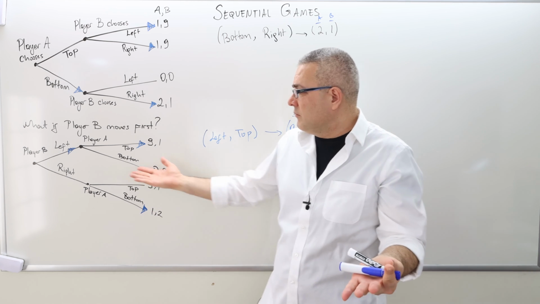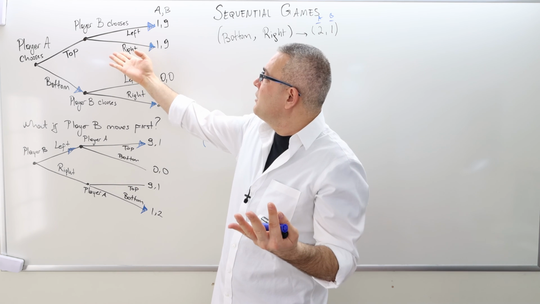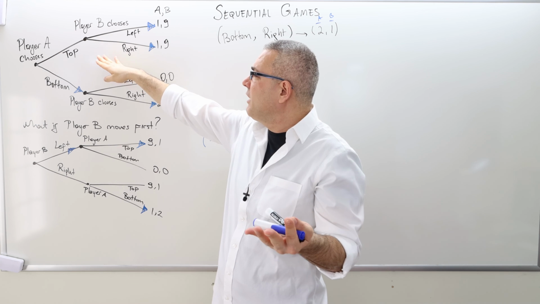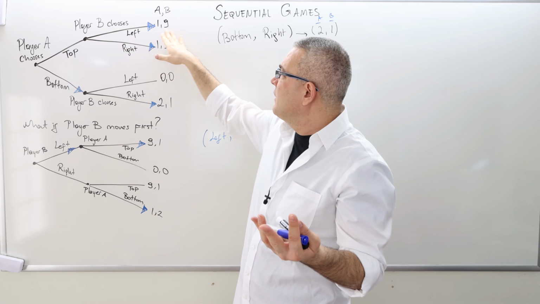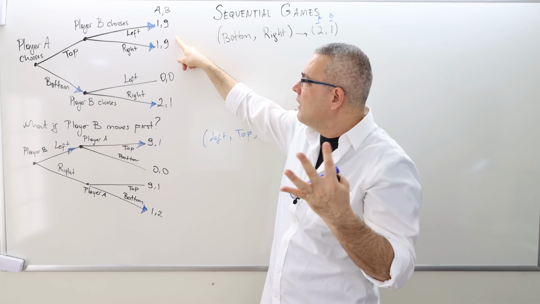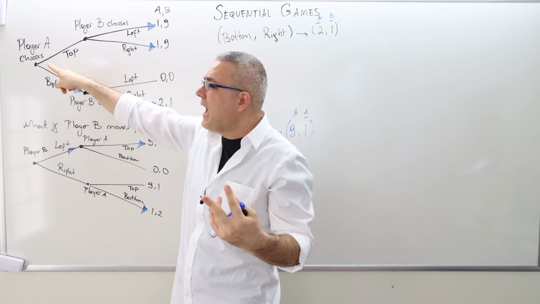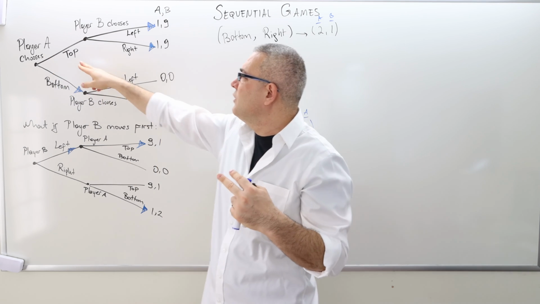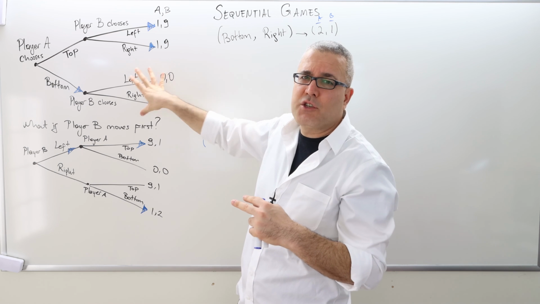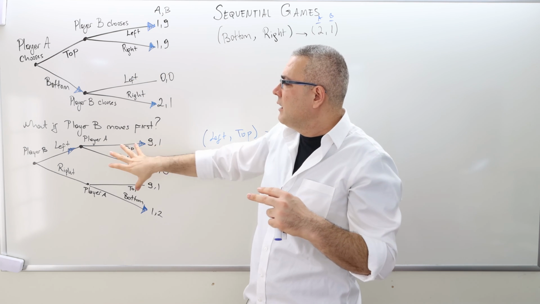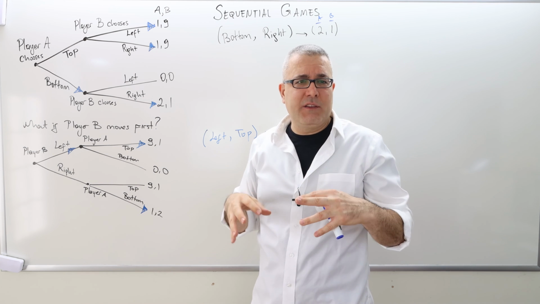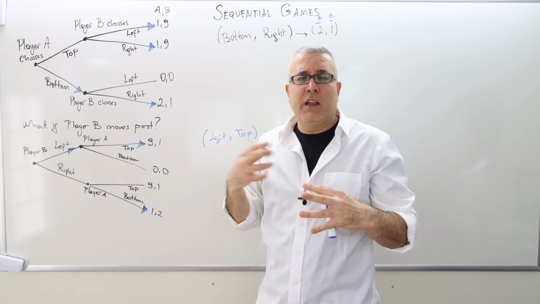Here she cannot really change the direction of the game too much, because she knows that this 9 payoff for player B is awesome, but player A has the power to determine whether to go to this branch or this branch. So moving first gives the players more power, more control over their own payoffs.